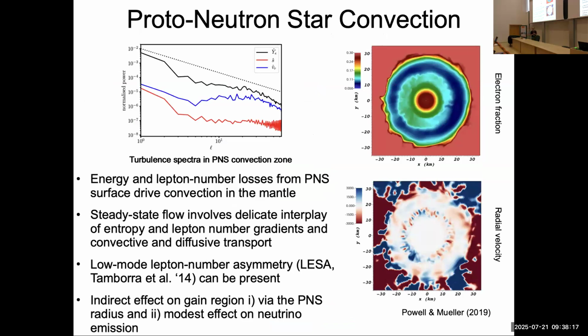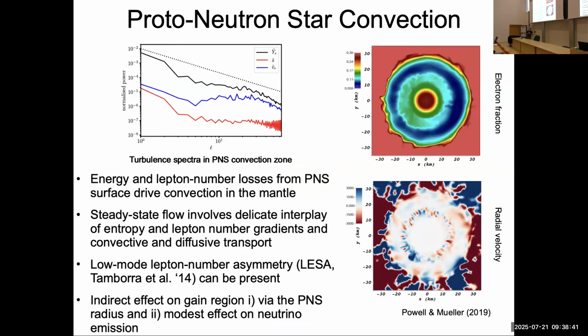Finally, the other hydrodynamic instability that I mentioned is the one in the protoneutron star, the convection in the protoneutron star driven by heat and lepton losses. The protoneutron star convective region is certainly an important driver that we need to consider for the gravitational wave emission.